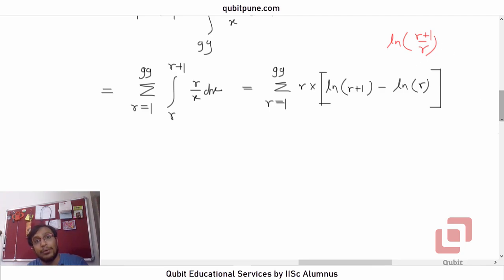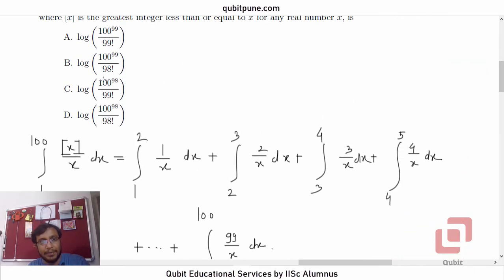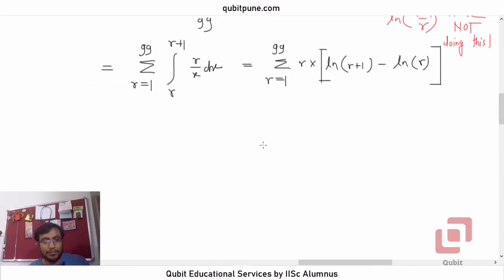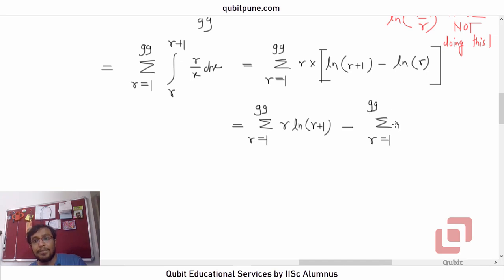But that's not what we want to do here, because of the options. It's right, but we don't want it as of now, because our options contain factorials and powers. So we can now write this as summation as r goes from 1 to 99 of r ln(r+1), minus summation as r goes from 1 to 99 of r ln r.